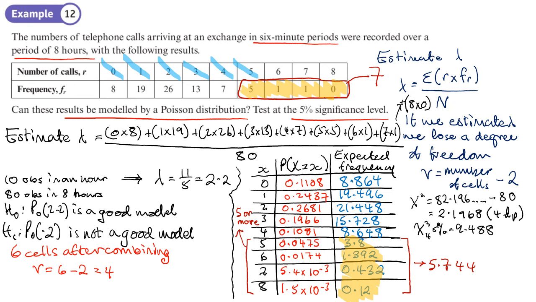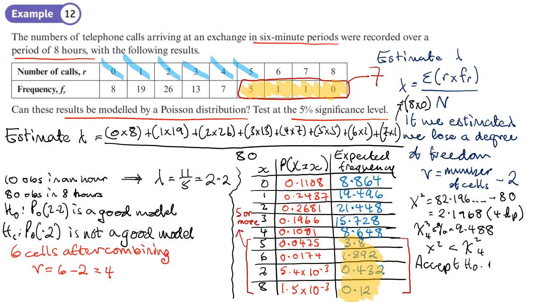Okay, I need a bit of space somewhere to write a conclusion, so let's take this out. So my x squared was less than the critical value. Okay, so that means accept H0.